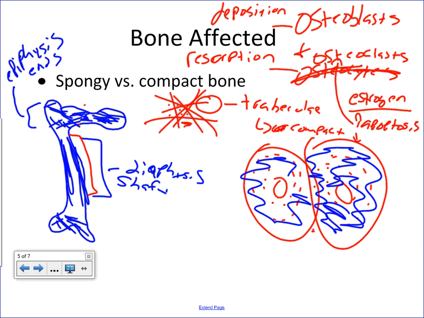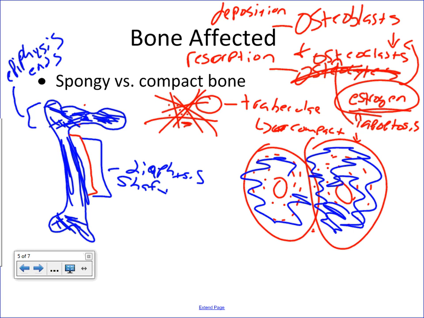It also plays a role by binding to certain receptors and regulating the activity of osteoclasts, in a nutshell. So basically, estrogen keeps osteoclast levels down.